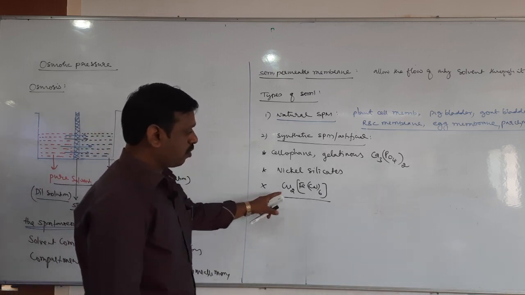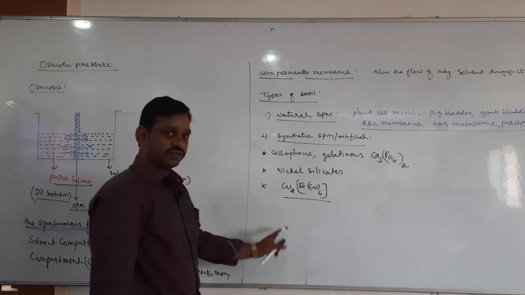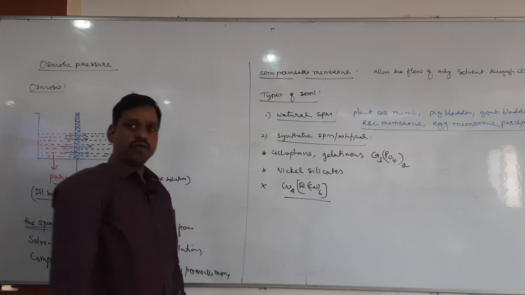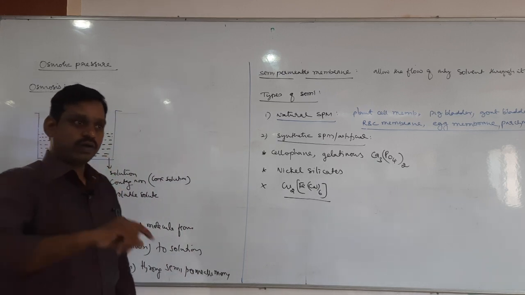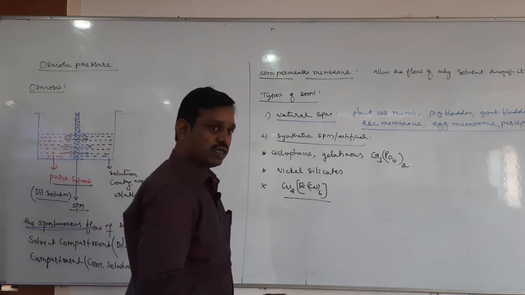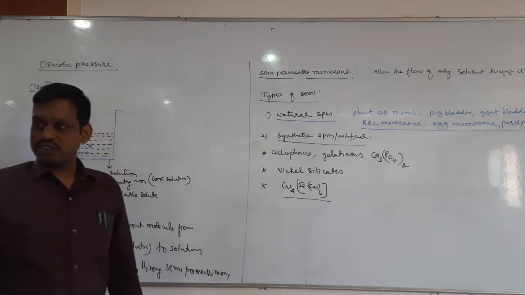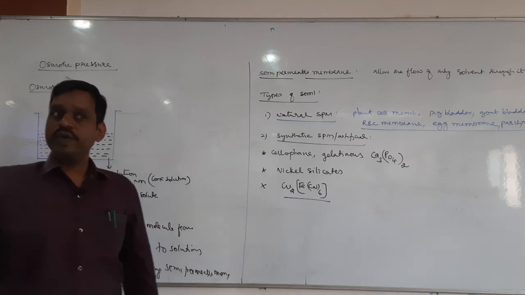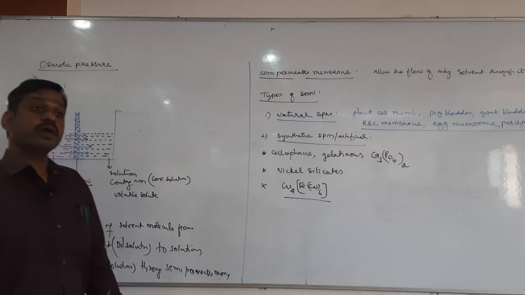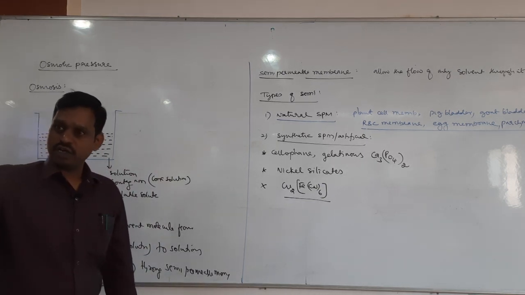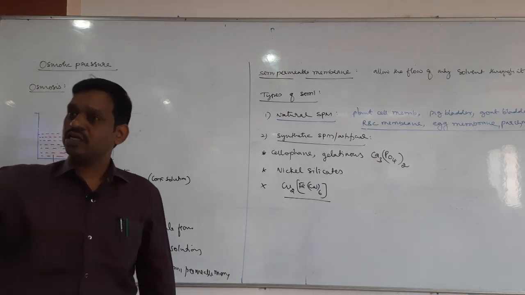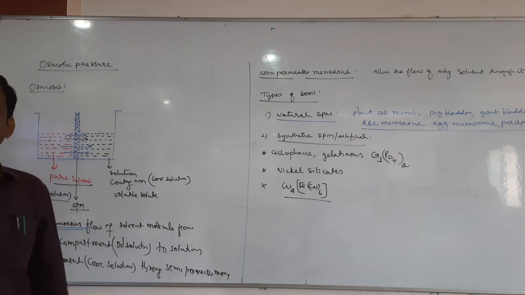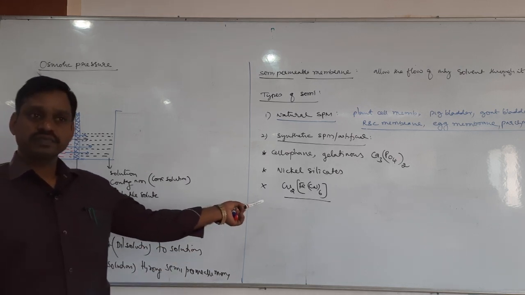So this cupric ferrocyanide is commercially used. Even in water filters, you might have seen water filters. RO will be there, reverse osmosis. In all water filters, wherever RO is there, there will be a use of semi-permeable membrane. Even the quality of water and the cost of the water filter also depend on SPM.